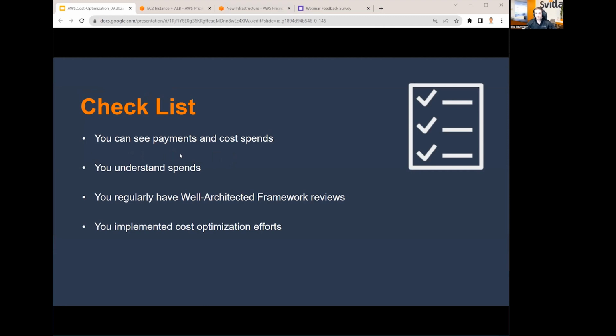You should regularly have well-architected framework reviews, which include the cost optimization pillar, because reviews could be for several pillars, not for all six. And you implemented cost optimization efforts. If you are not able to put a check on one of these points, probably you need to think about how to improve your infrastructure in order to be able to cover all these points.